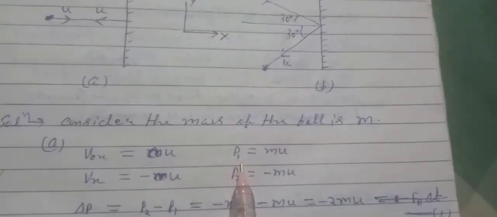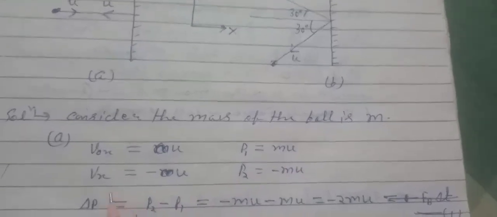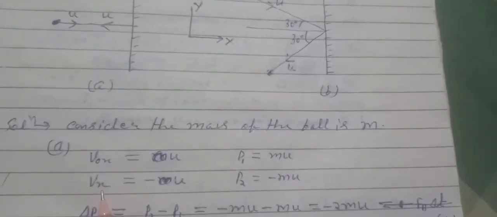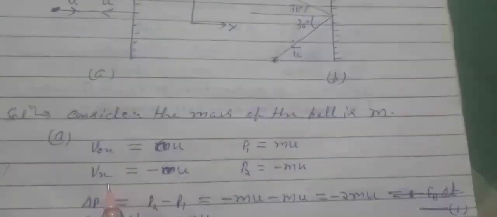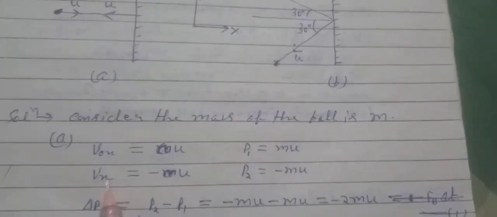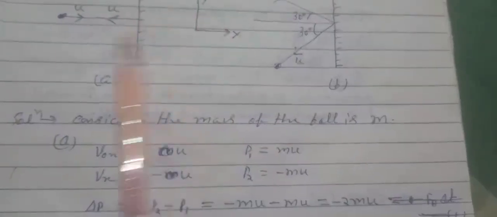So p1 equals m into u. Again vx, the velocity after collision, that is the rebound velocity along x direction, that is the final velocity, equals minus u, because if you consider this direction as positive then this direction will be negative.